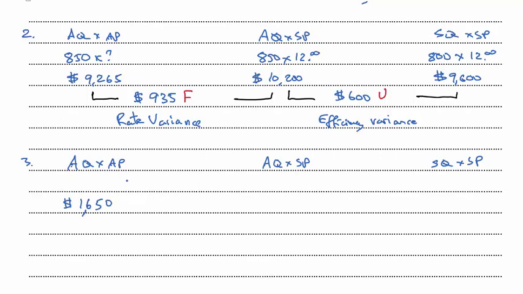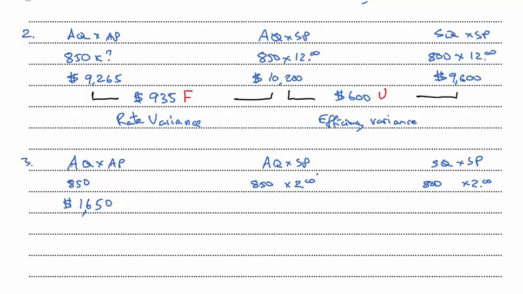And what else do we know here? It looks like they use direct labor hours to allocate overhead. The standard is $2 per hour, so that's the standard price. And then the standard quantity again is going to be 800 hours, right? 2,000 units produced times 0.4. And we can look up here that the actual quantity was 850.